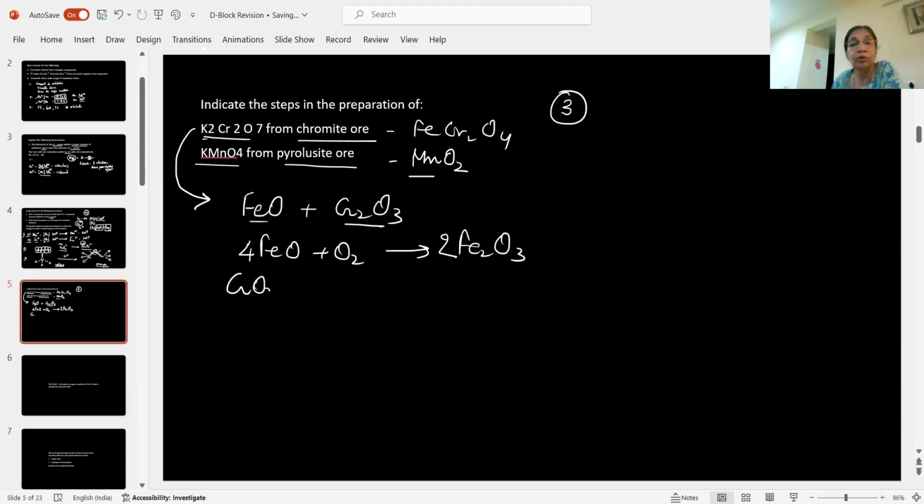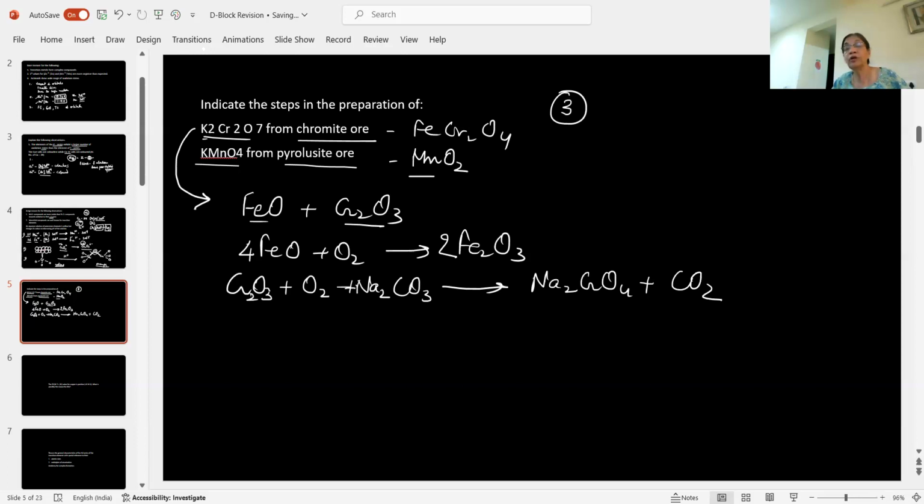And then Cr2O3 is oxidized in the presence of oxygen and Na2CO3, right? You have to write a balanced equation. This will become Na2CrO4 plus CO2. Even if you don't write a balanced equation, you have shown how chromite ore will give you sodium chromate.